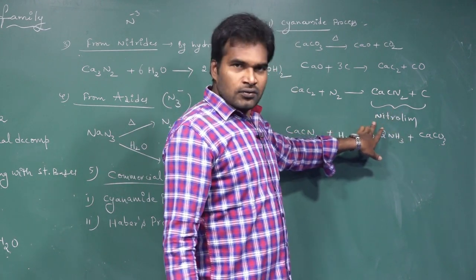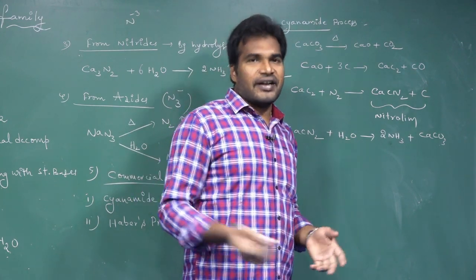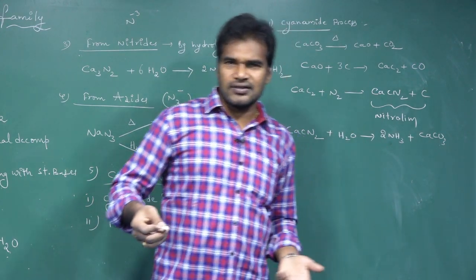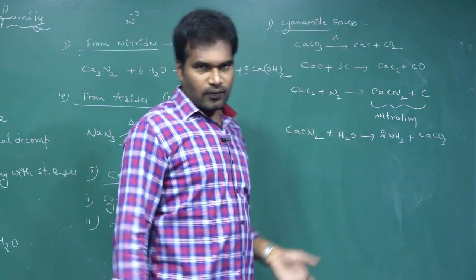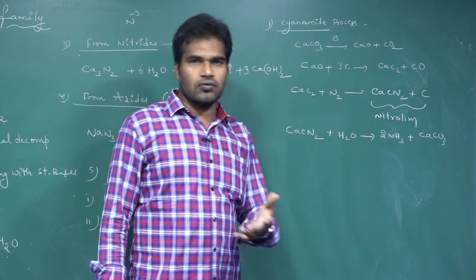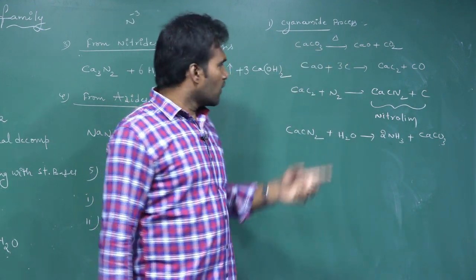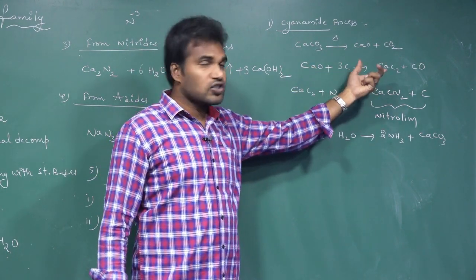So likewise we can prepare ammonia. Nitrolime is used to prepare many other fertilizers, because most fertilizers are salts of ammonia only. So this is about the cyanamide process. To be clear once again, when CaCO3 is heated we get CaO plus CO2. When calcium oxide is mixed with carbon, we get calcium carbide.